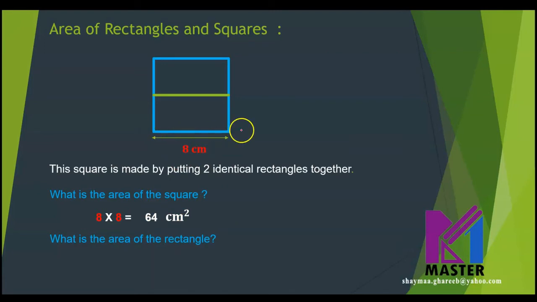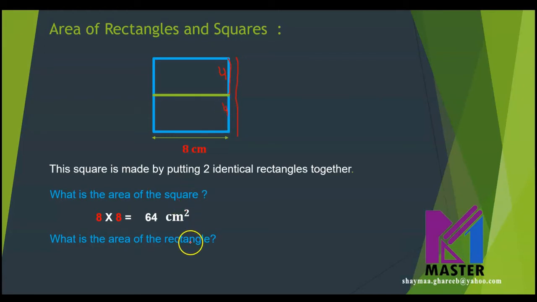If this side is 8, this side will be 8 as well, which means half of this side, the width of the rectangle, will be half of 8, which is 4. So this part is 4 and this part is 4.